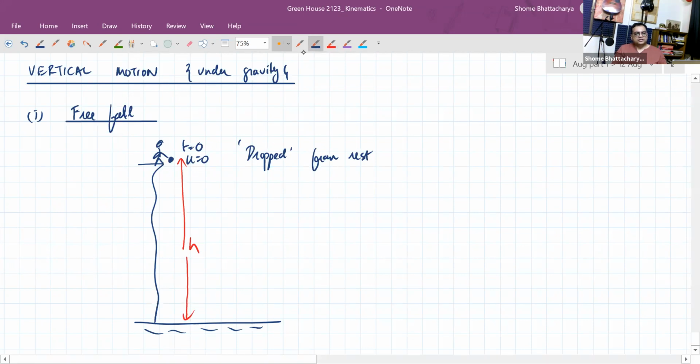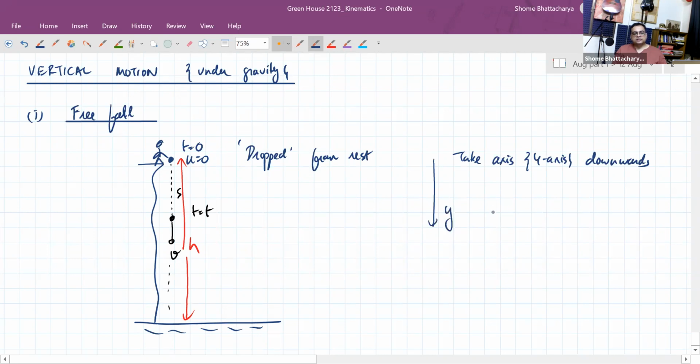So what will happen is that as it falls because of gravity, at any instant of time t, its velocity v and its displacement s can be calculated. So here what we will do is we will take the y-axis downwards, like this.